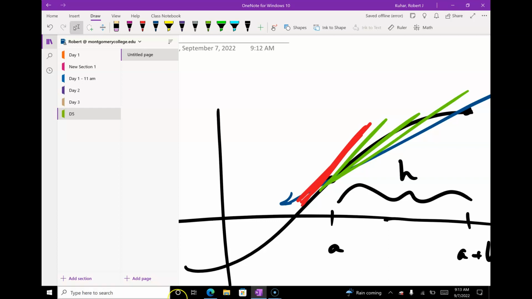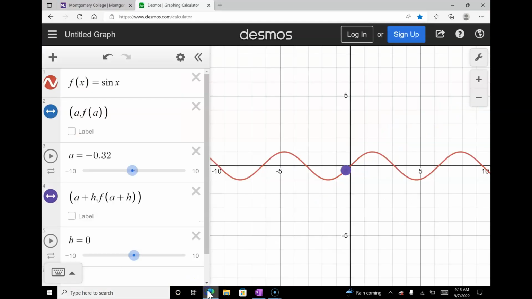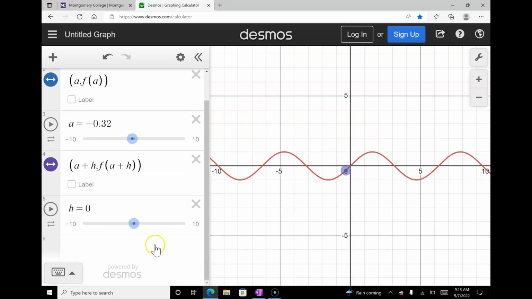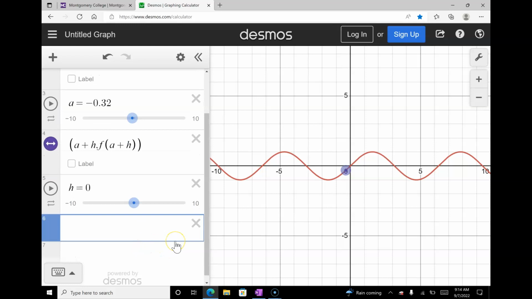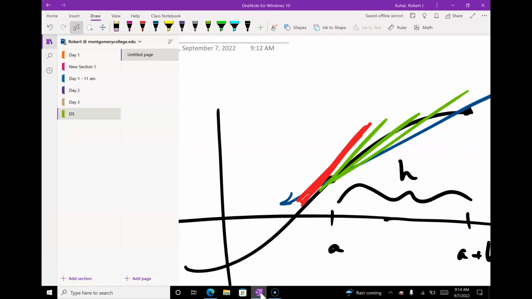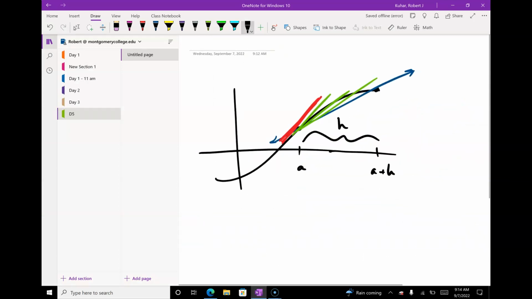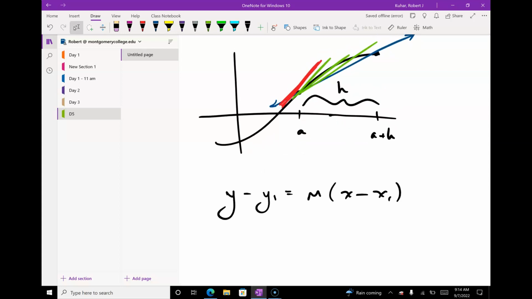We need to put our tangent, our secant line, on Desmos, right? And of course, I'm going to use, and it should be on your formula sheet already, what? Y minus y sub 1 equals m times x minus x sub 1, right? The point slope formula. And for us, our x1, y1, our first point was a, f of a.